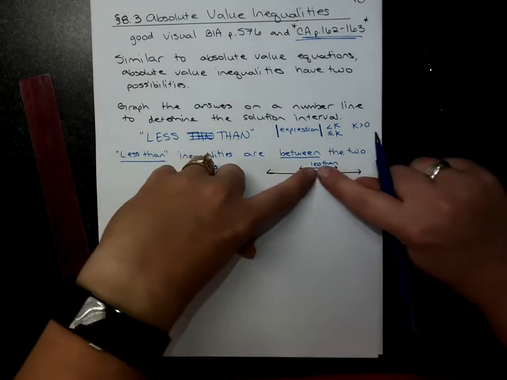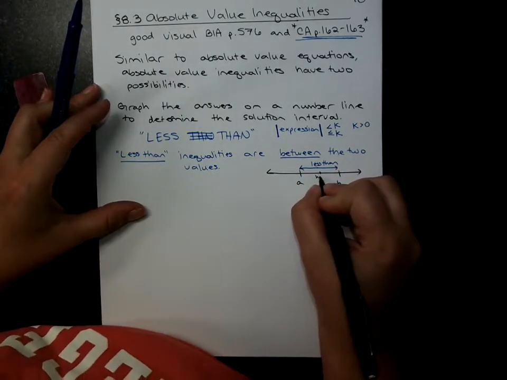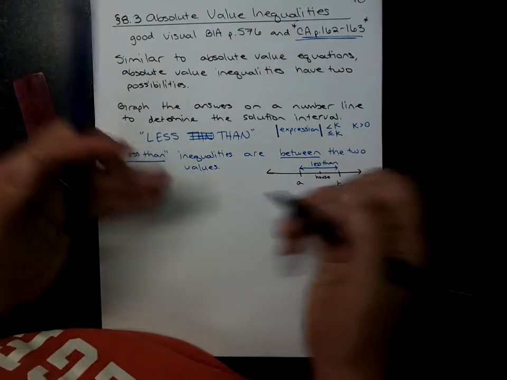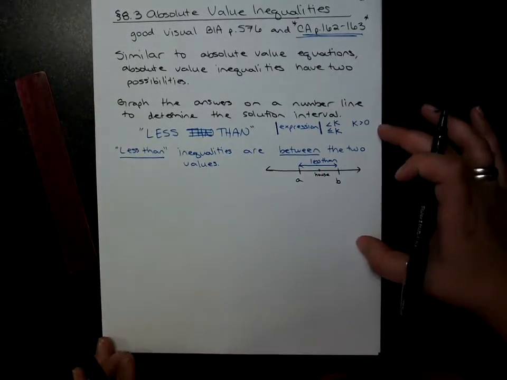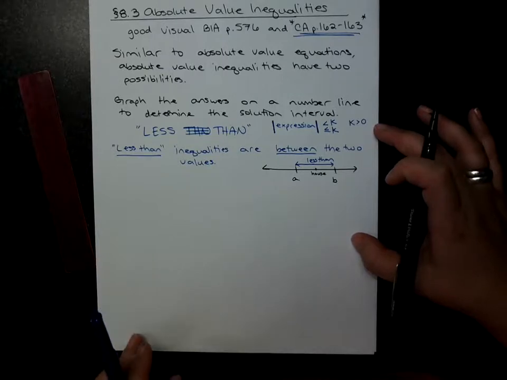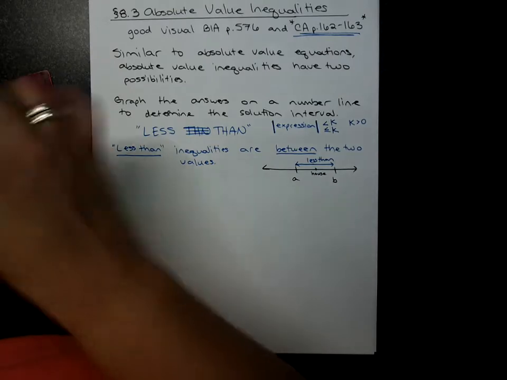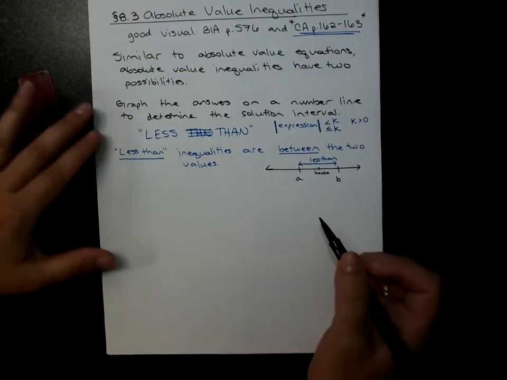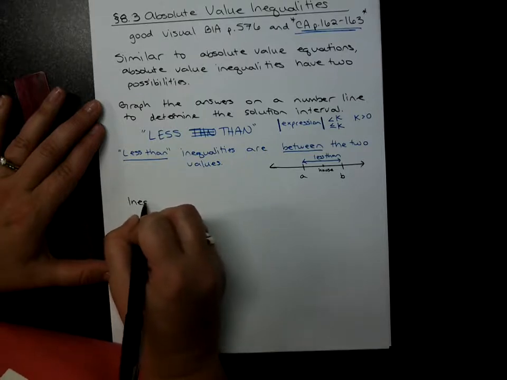So to be less than, it's between. It's kind of like if this was your house and you wanted to be less than 5 miles away, you would be close to your house. And so the textbook does a really nice job explaining that less than are between two numbers. So for these inequalities, we're going to do the same thing we did for the other ones. We're going to have the inequality.